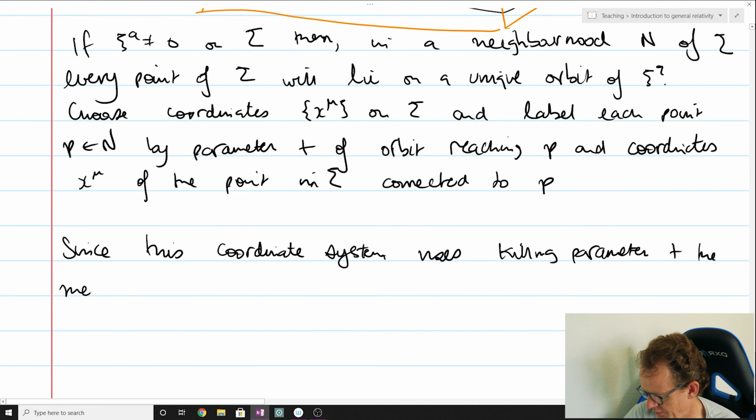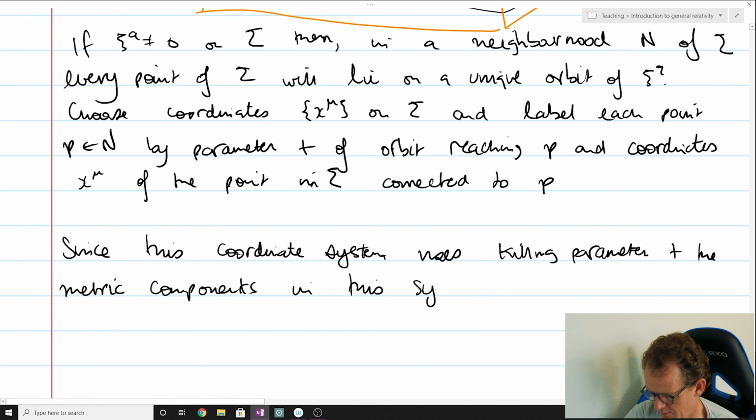And that means that if you choose to express your metric in this coordinate system, then the metric components in the system are independent of t.